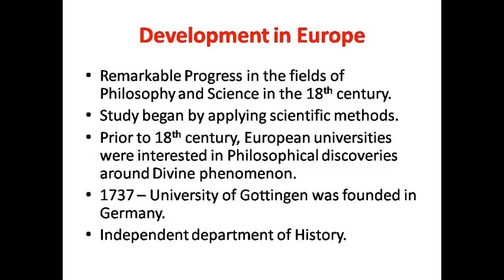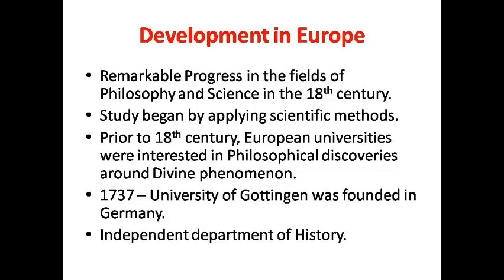So scientific methods were applied, and then the study of history or philosophy was done. Prior to the 18th century, European universities were interested in philosophical discoveries, and they were only studying divine phenomena. They were not interested in history. But after the 18th century, changes came.